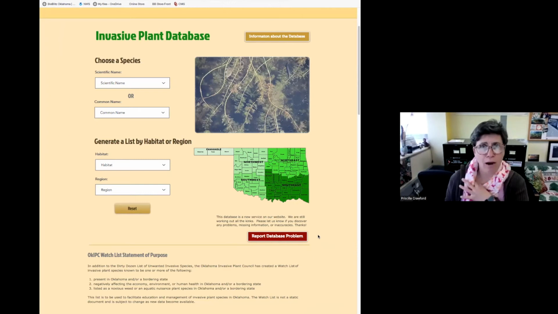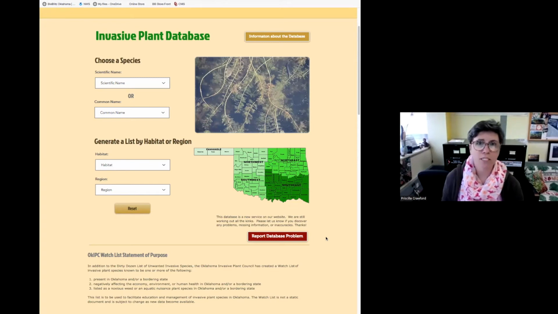We're kind of crowdsourcing some of the information here amongst all of you and the participants that use it. When you click this button, it will pull up an empty email that will come directly to me. You just type in what your problem is, and then the email will be sent to me, and hopefully I'll be able to address it in a timely fashion. So please report any problems that you come across.